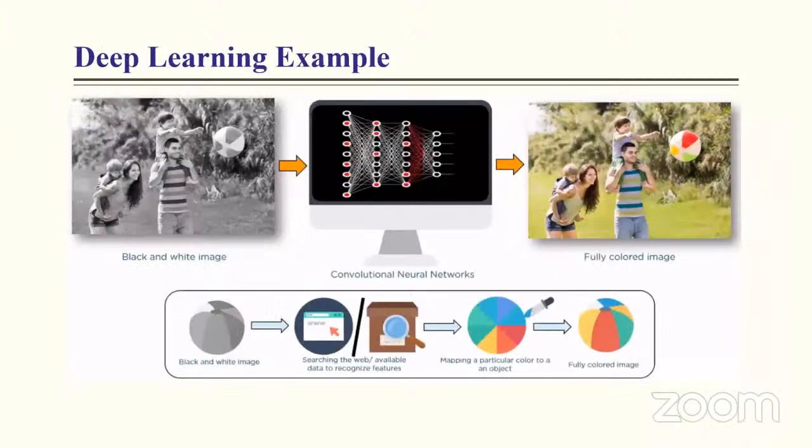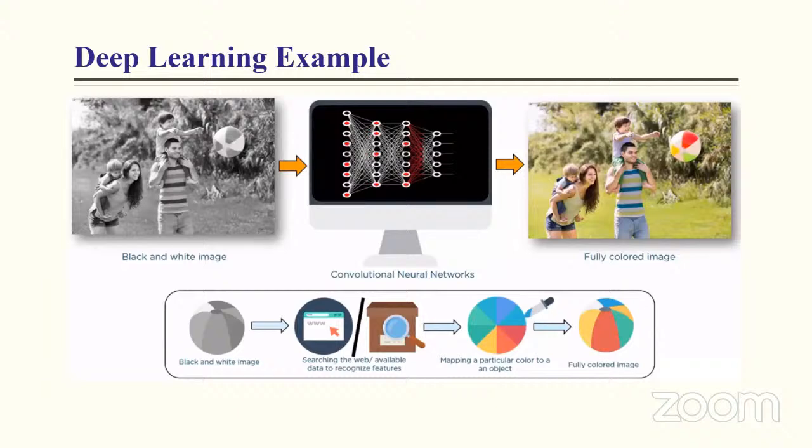Deep learning, I said, is again machine learning, but there are multiple layers in between. So I have a black and white image and I want to convert this black and white image to a color image. You cannot do it using simple machine learning or with just one step.